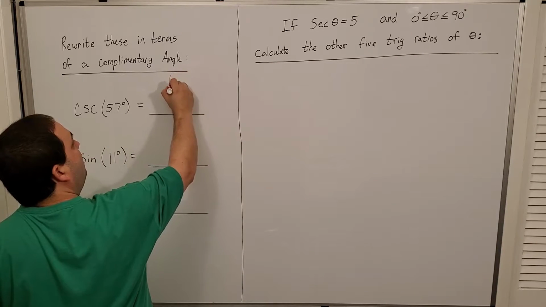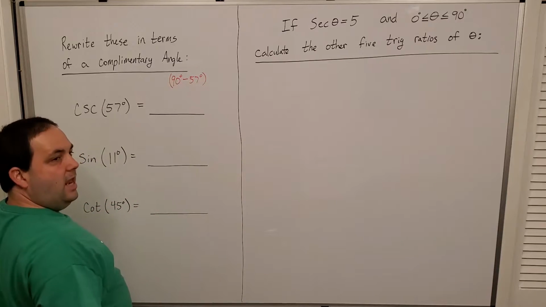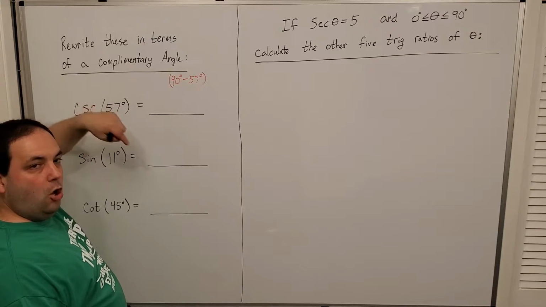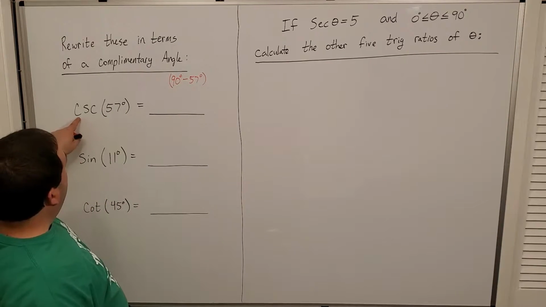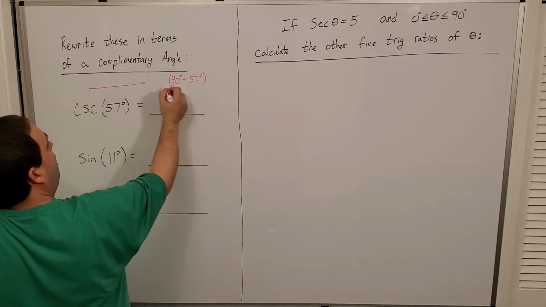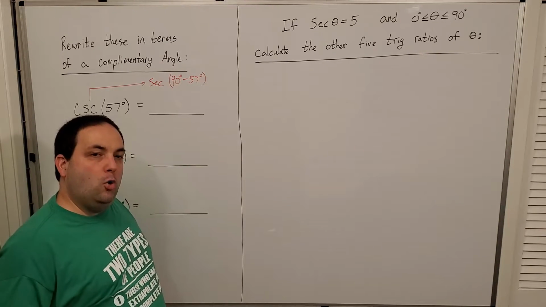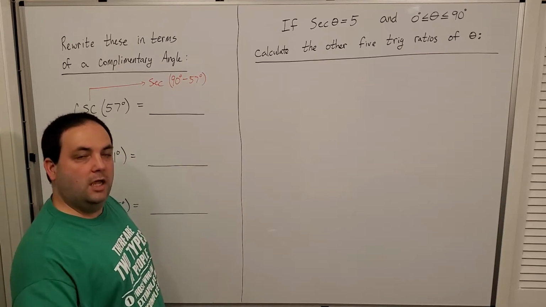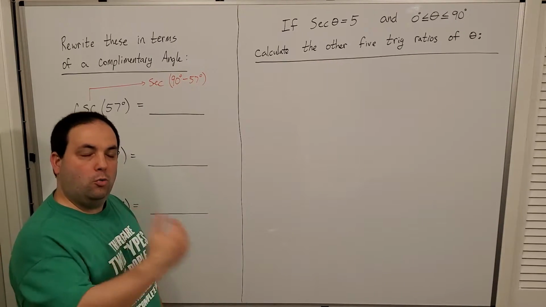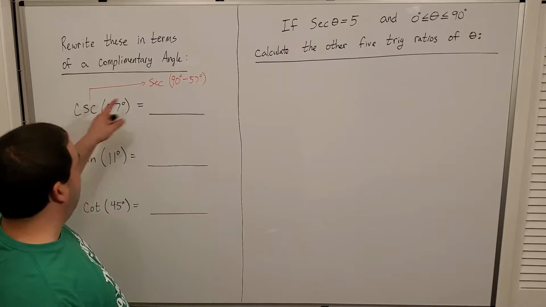Remember, the complement of an angle is 90 degrees minus that angle. What we were just talking about were the cofunction identities. So cosecant is the cofunction of secant. Remember, the co in these cofunctions, cosine, cotangent, does not mean co as in co-worker or working alongside.